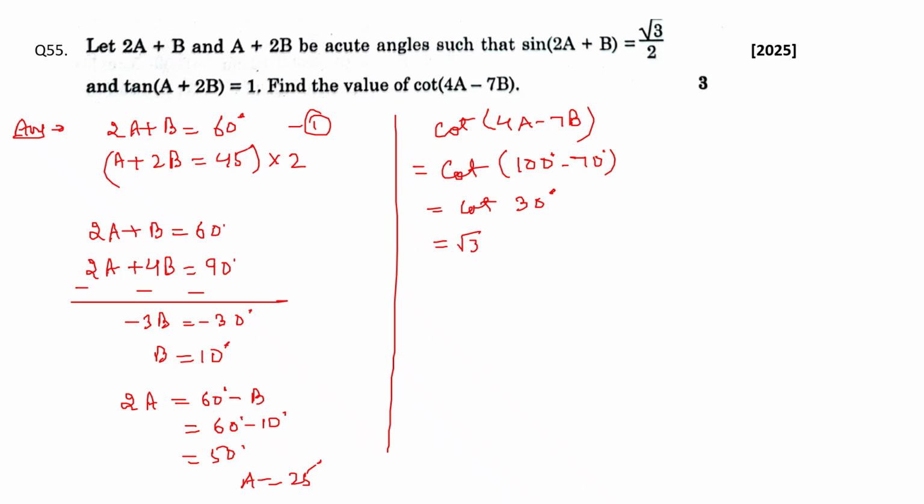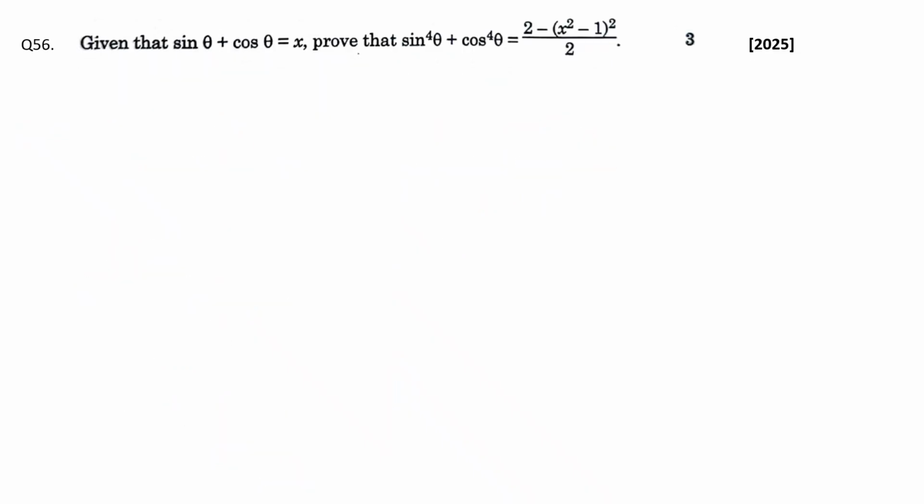Next, last question, question number 56. Given that sine theta plus cos theta equal to x, prove that sine to the power 4 theta plus cos to the power 4 theta is equal to this. So first of all, do square on both sides in the given equation. It will become sine square theta plus cos square theta plus 2 sine theta cos theta equal to x square.